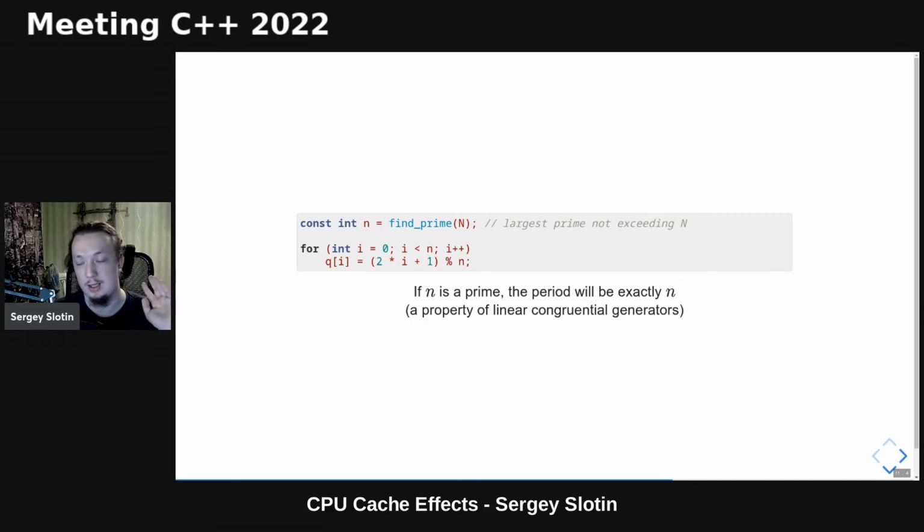And we can get such a permutation, for example, if we generate it with a linear congruential generator, which is a well known and simple random number generator where we multiply the previous number by some constant, add another constant, and take the modulo n. It has the property that if the modulus n is a prime number, then the period of the generator will be exactly n.